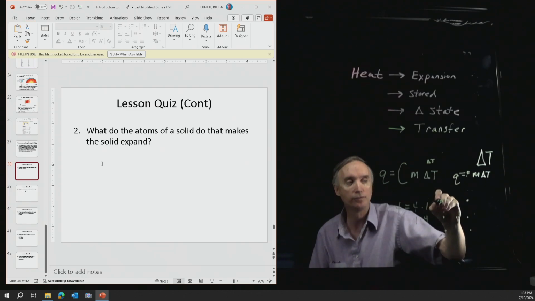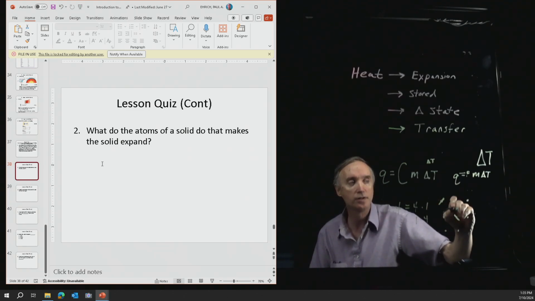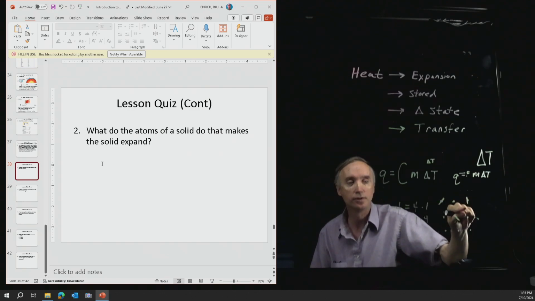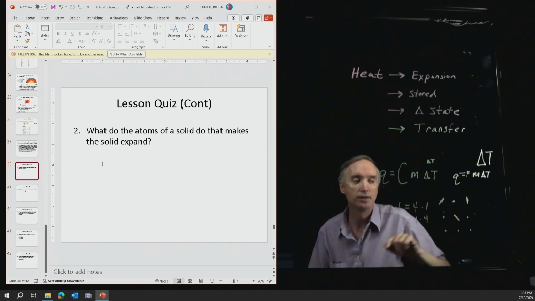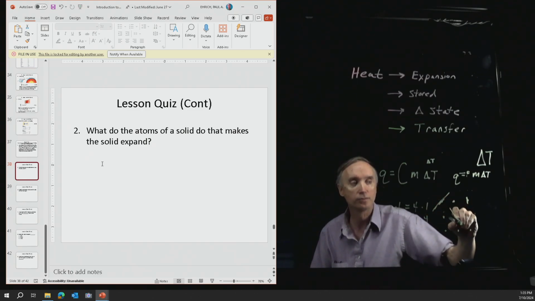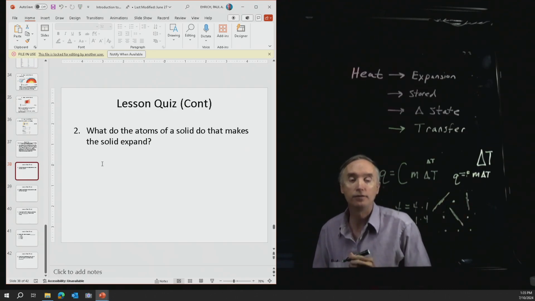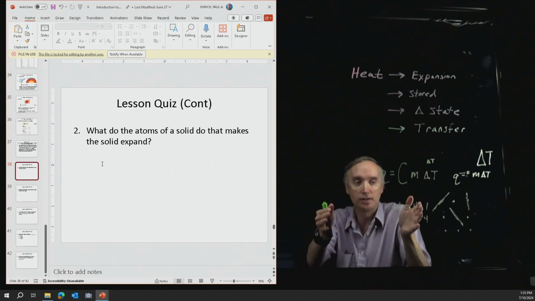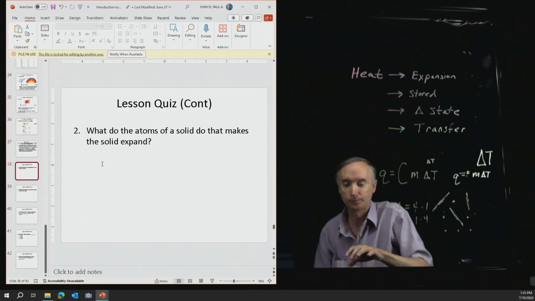And so with a small amount of heat, each of these atoms is going to be vibrating at a certain frequency, and it's going to have a certain amplitude. If we increase the energy going to this solid, then these amplitudes are going to get larger. Something like that. And if the amplitudes get larger, then that makes the solid expand.